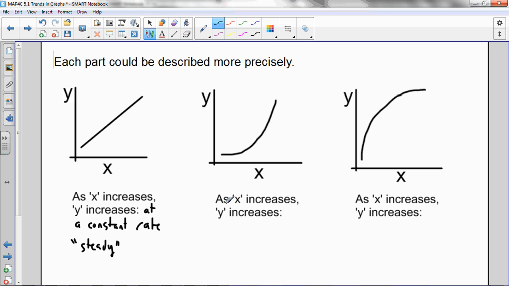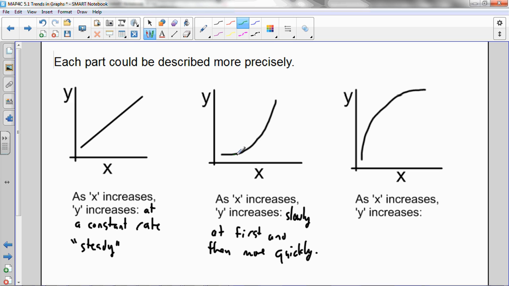For this one, as x increases, y increases, but let's be more precise. It's increasing really slowly at the start and then more quickly at the end. So we can say that it increases slowly at first, and then more quickly. Well, what would that look like?